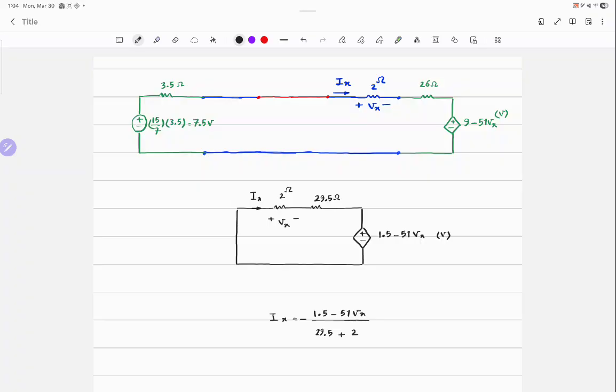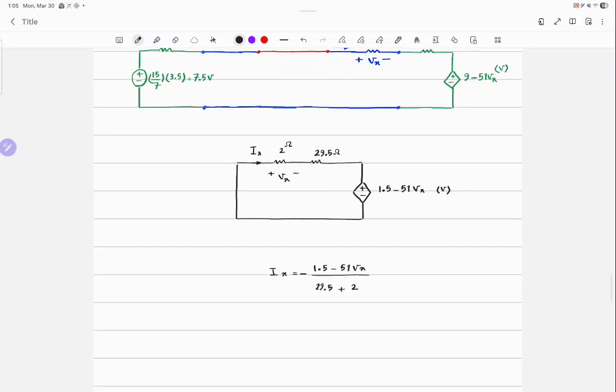Yeah. Because the current is entering from the negative terminal of the resistors. If you're not comfortable with that, write a KVL. If you don't see that, write a KVL. One equation, two unknowns, right? I need another one. Vx is 2Ix, and then you can solve it.